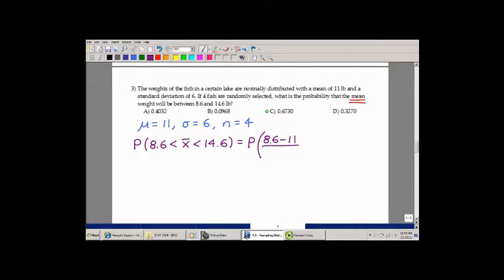Okay, once again, here comes the standard deviation part. 6 divided by the square root of n, 4. And now that changes this to z. And on the upper end, I'm going to have 14.6 minus 11 divided by 6 over the square root of 4.